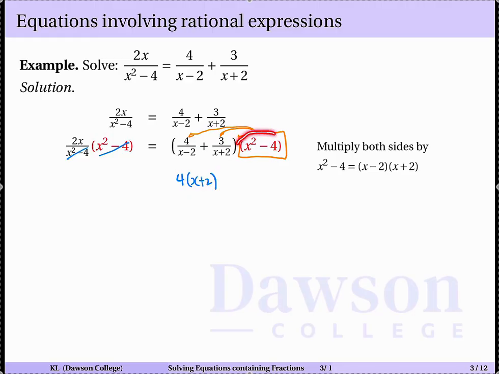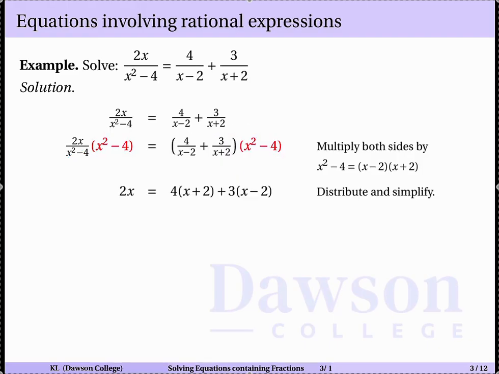Similarly, if we distribute this expression into this part, the x plus 2 will cancel the x plus 2 here, so that we will end up with 3 times x minus 2.